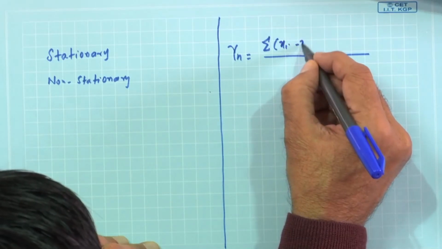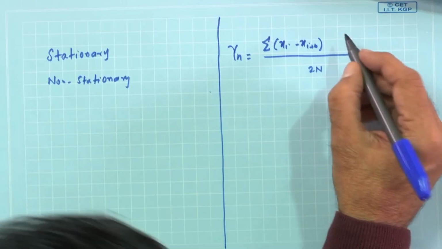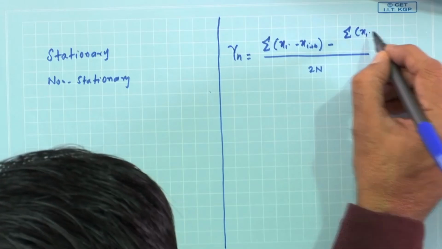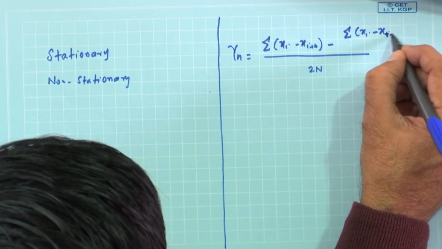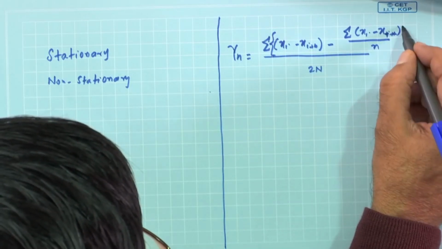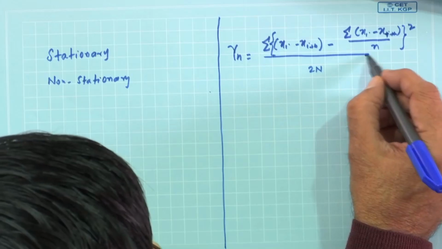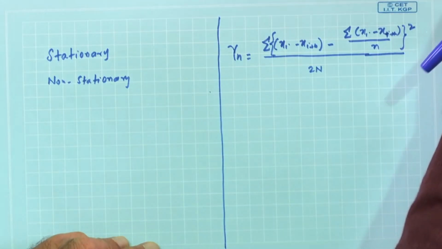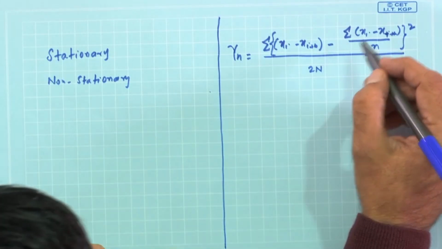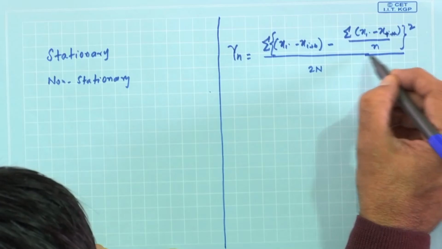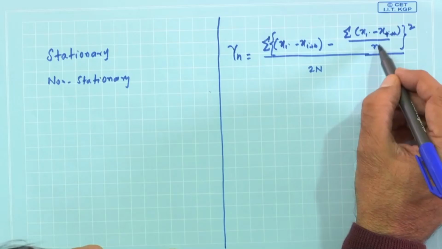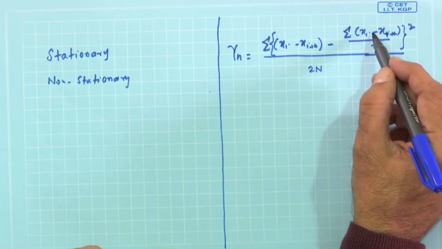So, it is x_i minus x_(i+h), divided by n. Now, this expression is something which is to be looked at. The second part of it actually represents the mean, because x_i minus x_(i+h) computed over this n is nothing but the mean of it.